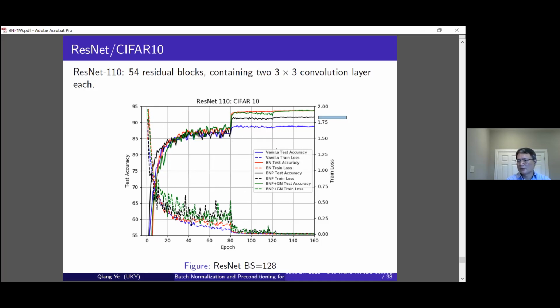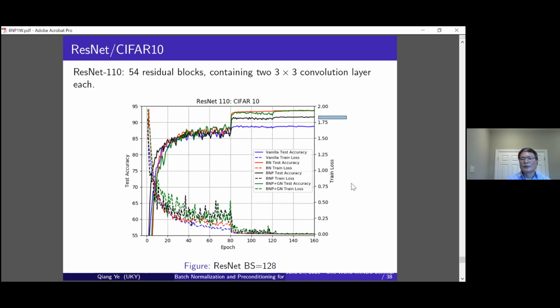That's a peculiar property associated with ResNets. At the learning rate decay, there's a big jump in the accuracy. We believe that's probably associated with some of the scale invariant properties of BN, which we don't have.